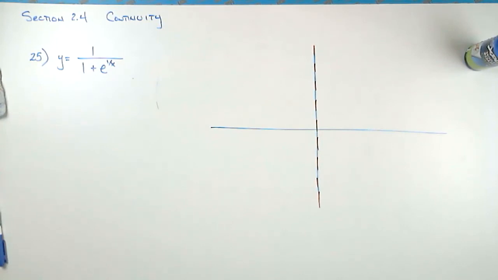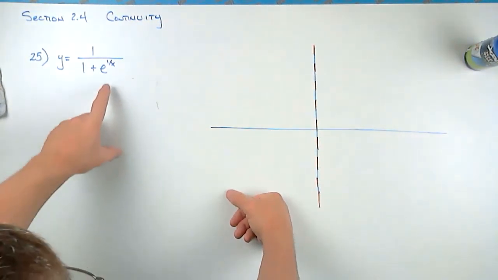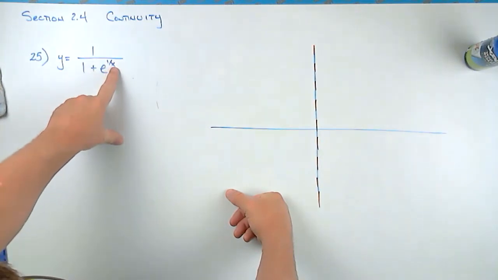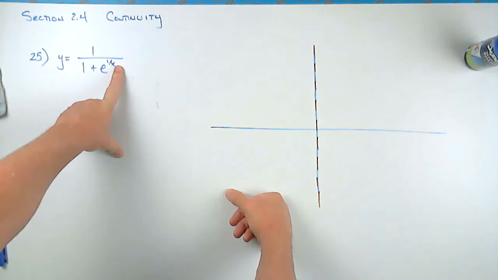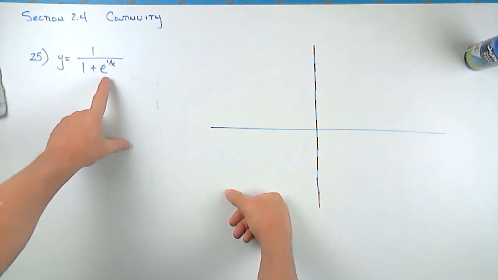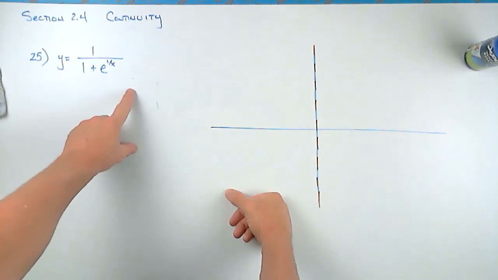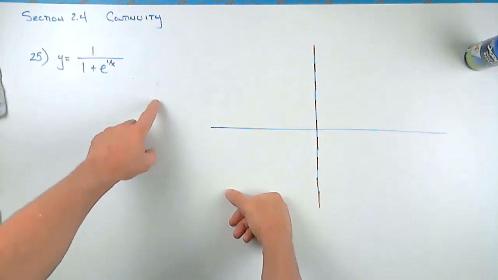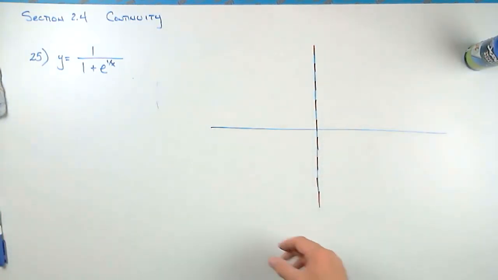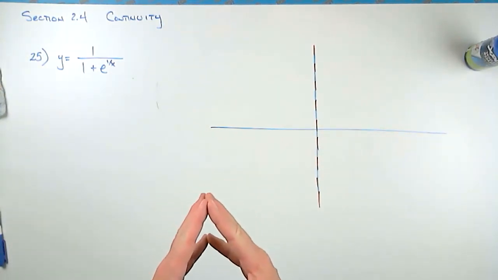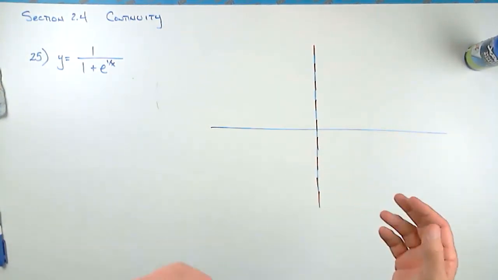Are there any other numbers that I have to eliminate? What happens if I put a 1 in here? I get 1 divided by 1. That's 1. E to the first is e. Remember, e is 2.71828182845, and it goes on and on and on forever. It's just a number. It's 2.718.